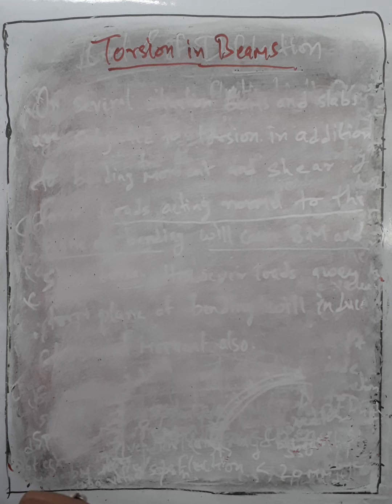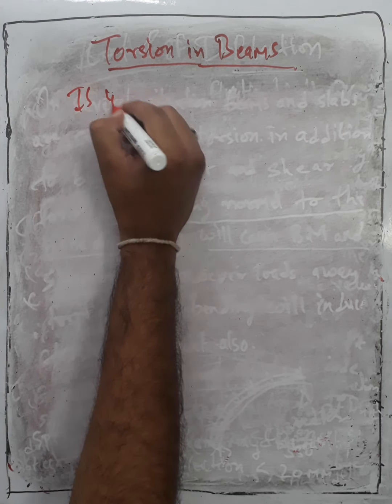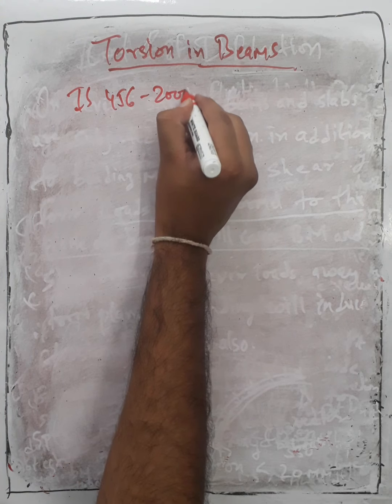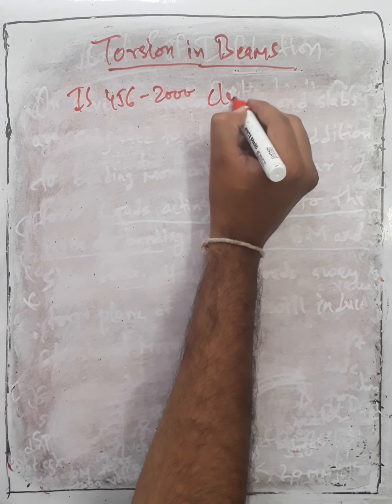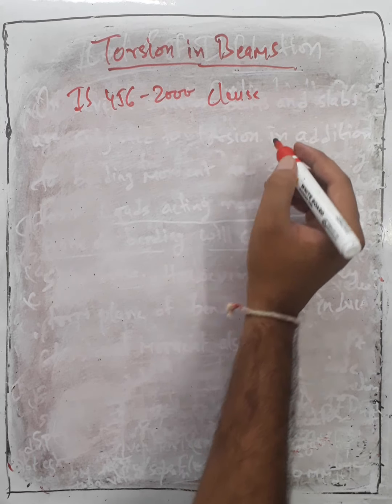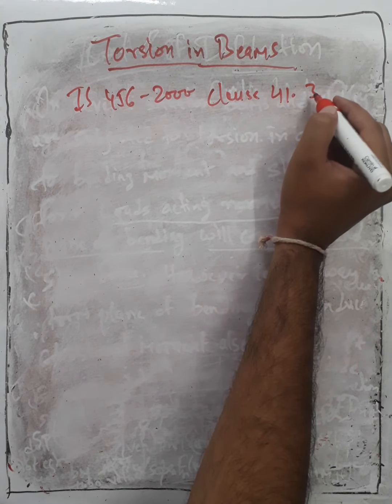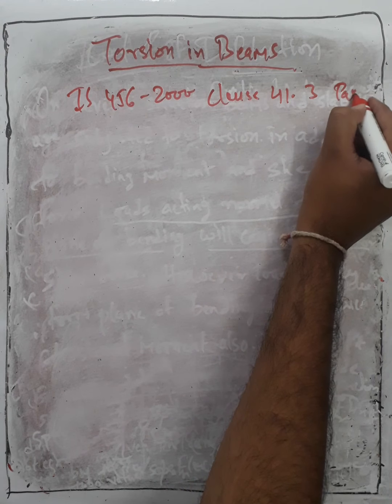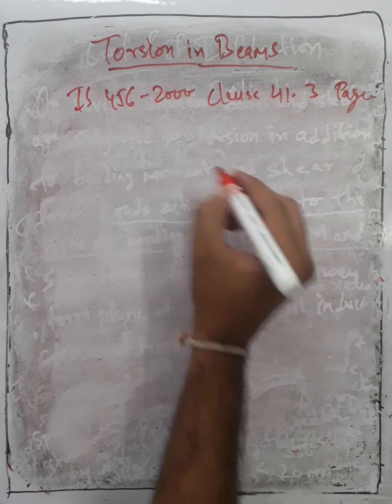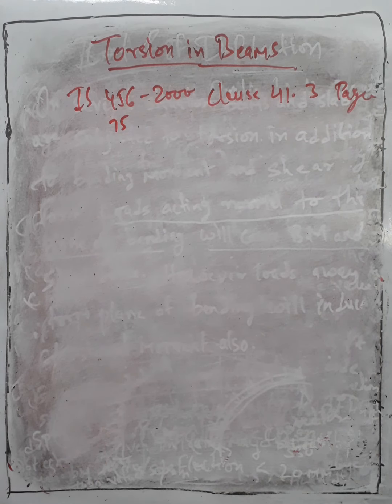So in IS 456 2000, clause number 41.3, page number 75, you find various steps given for finding this torsion.